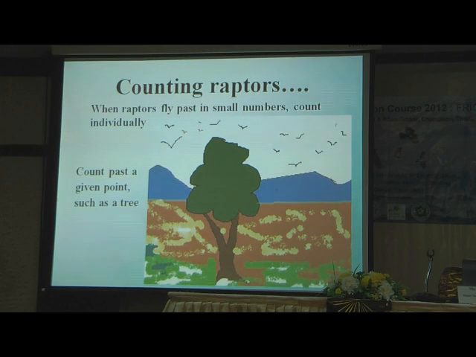When raptors move in single file, it's quite easy and no problem. You just select a fixed point, say a tree or a mountain peak or a building, and as they pass your count point, you just click on your tally. So that's very easy.